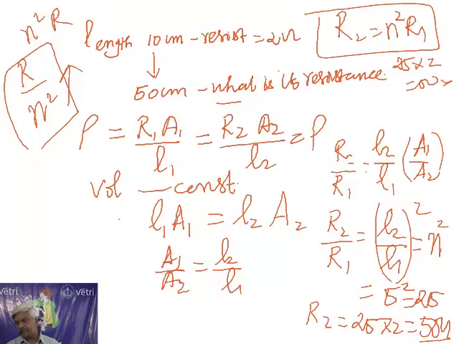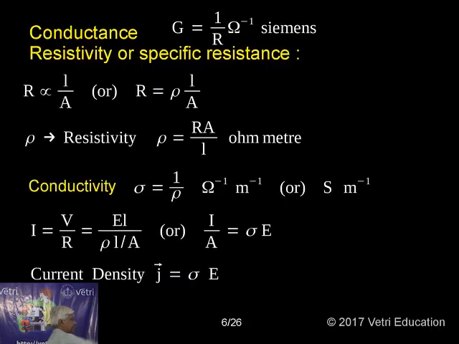When the wire changes its length, its area also changes, but the volume remains constant. So many ideas you have to keep in mind. If the wire is extended, use the formula n squared into R. If the wire is contracted, use the formula R by n squared. This is an important topic to keep in mind.